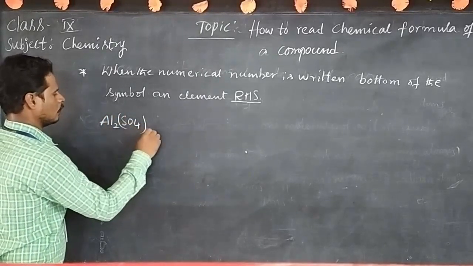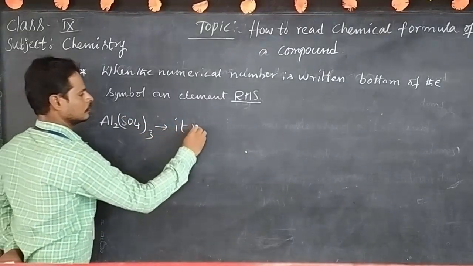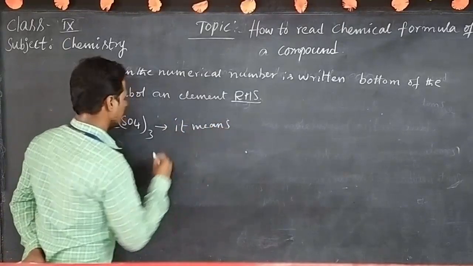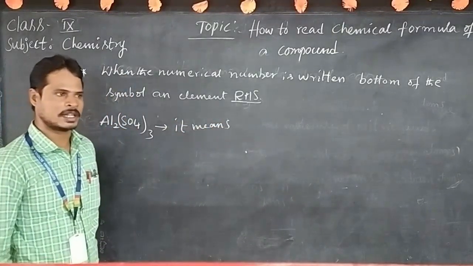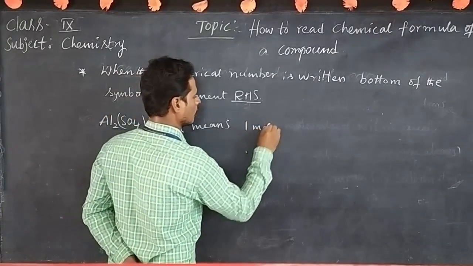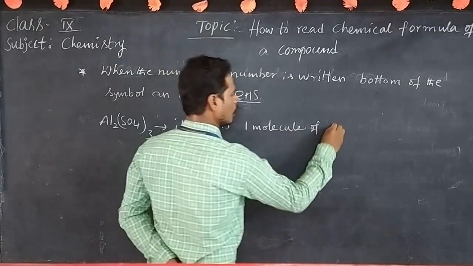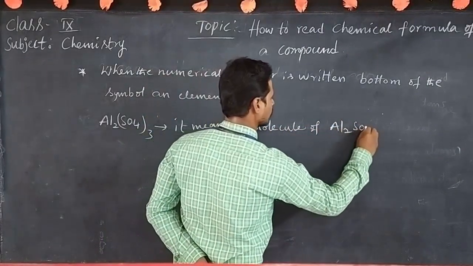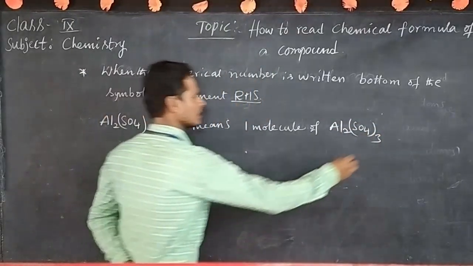Al2(SO4)3. Is there any number in front of aluminum sulfate? There is no number. That's why we consider it as one molecule of aluminum sulfate.